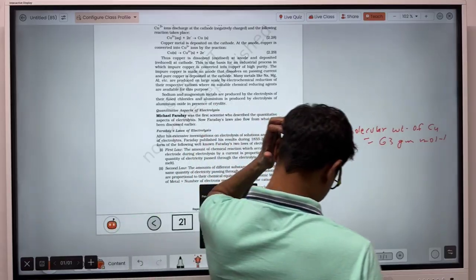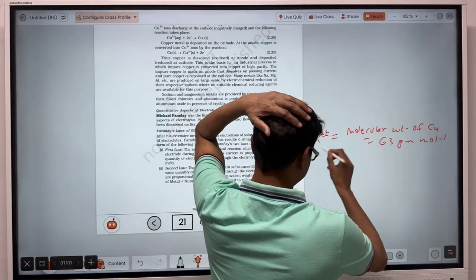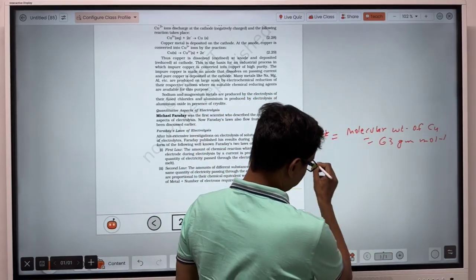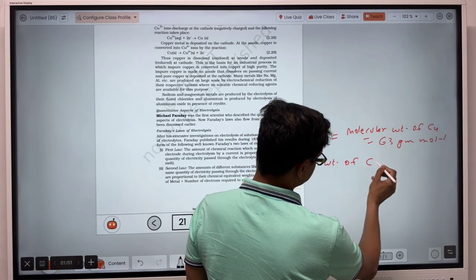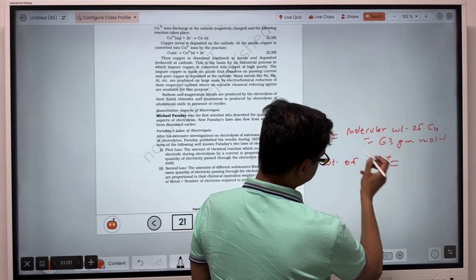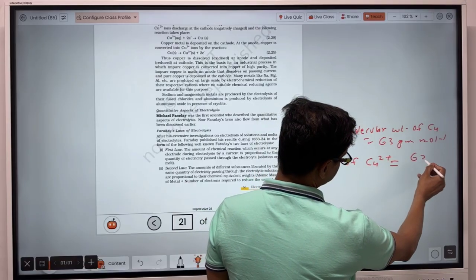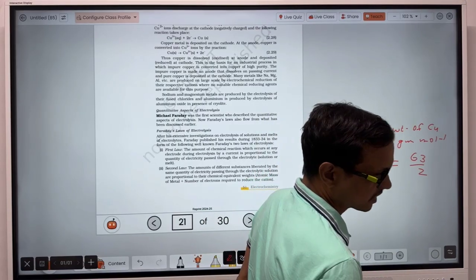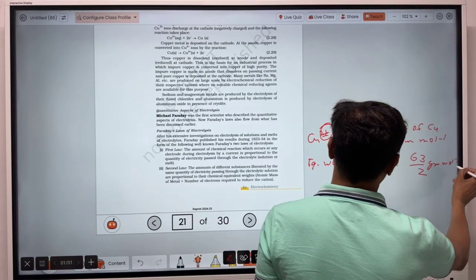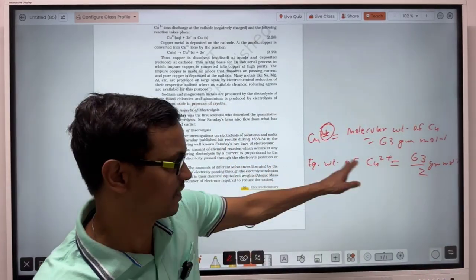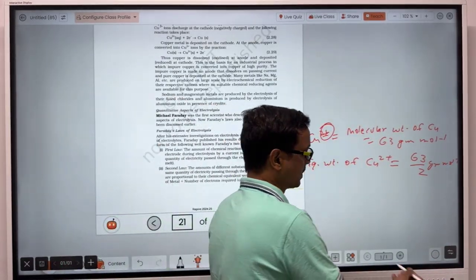So what will the equivalent weight be? The charge here is plus 2, Cu2+. So the equivalent weight of Cu2+ is 63 upon 2 gram per mole, per ion, you may write.